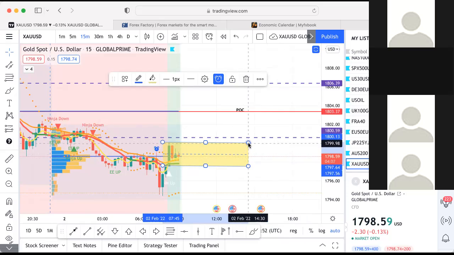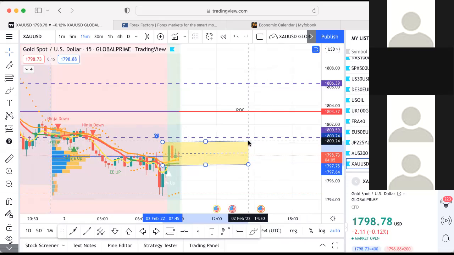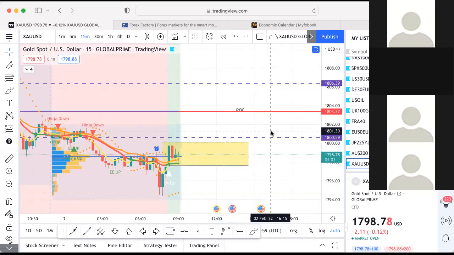Not saying that you would necessarily get into the trade as soon as it jumps outside the box, but it does tell you that things are starting to move. So that will be my plan of attack. I would set the alert, go off and have my breakfast and just not sit staring at the chart.